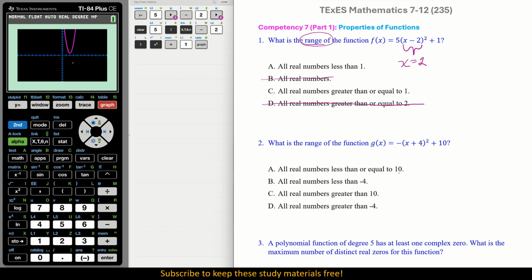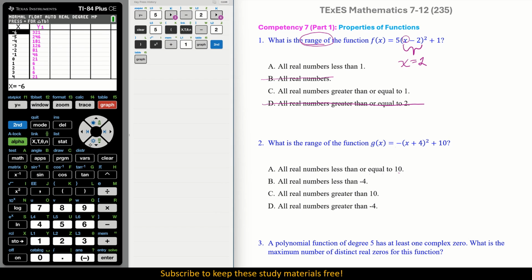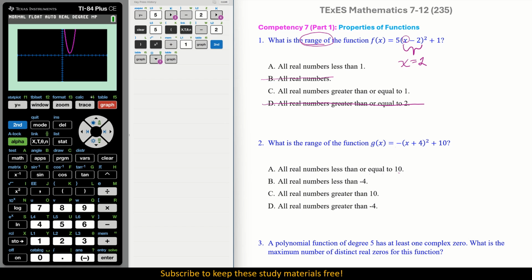If this is 2, let's say we made this 0, then y would be 1. How do we know this? Just go to your table. First off, we need 2 and 1.